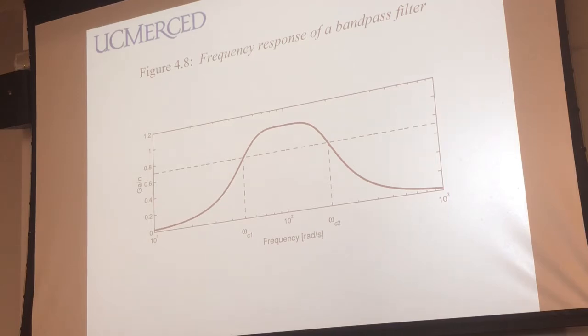And do you remember what is the number in here? I told you last time. 0.707. 0.707. Okay, great. Excellent. So this is a typical frequency response for band pass filter. So we are doing well.